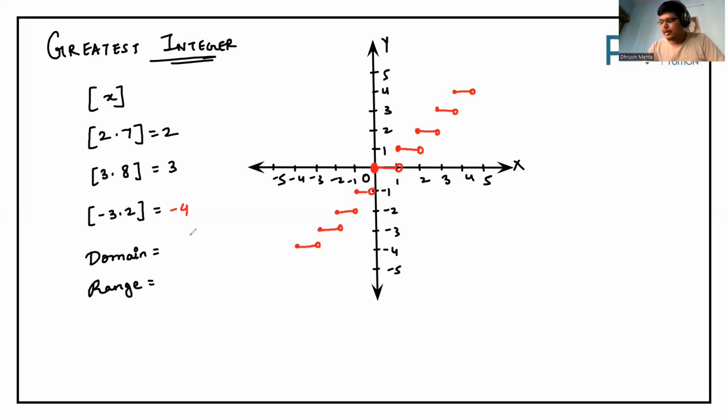Is there any value of x for which greatest integer function will not be defined? No, sir. So the domain will be all real numbers. Range will be integers. Excellent. Make this graph. Write this.